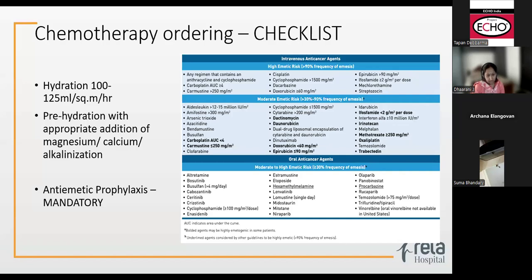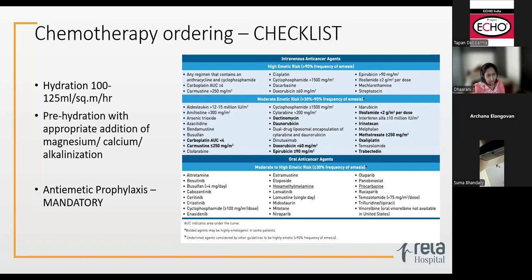So we always teach our residents, before they write the chemotherapy drug, they have to write the hydration first, then the antiemetics, then they go for the chemotherapy drug. Otherwise, if the antiemetics get missed, it is a very, very difficult situation for the patient.